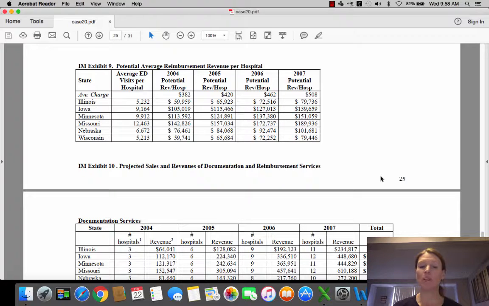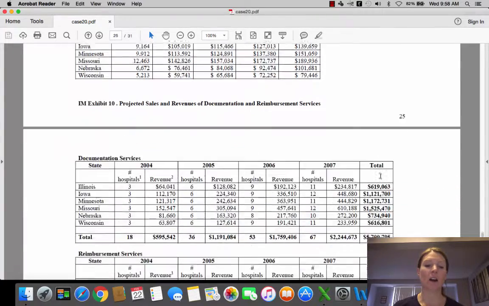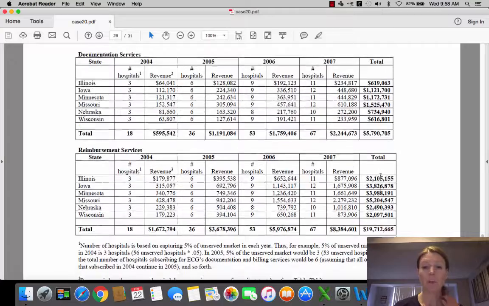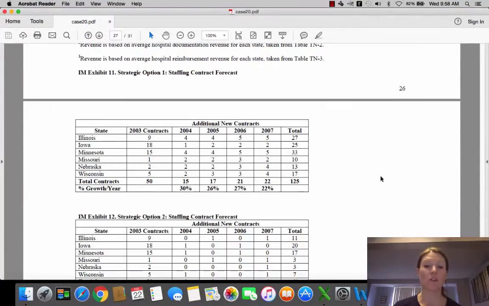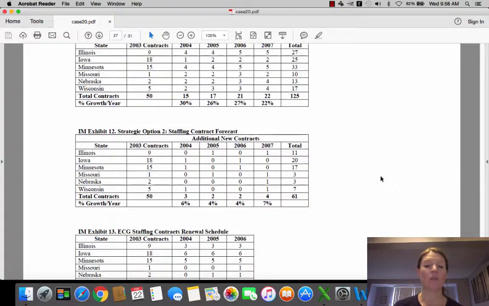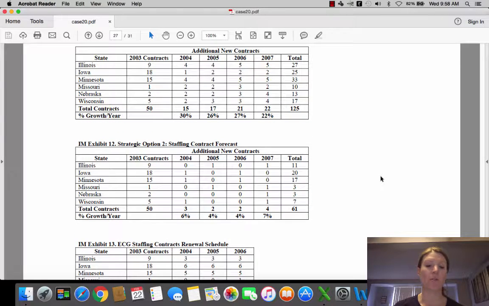So not to breeze through the rest of those, I don't want to keep you on here too long. But probably the biggest thing is these financials from the documentation, reimbursement, additional staffing, growth models perspective. That sales plan is probably the thing that tripped folks up the most.